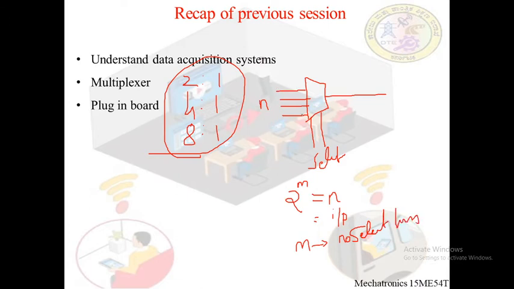So here we have 4 inputs, therefore I need 2 select lines. The input to the select lines switches between the inputs, selecting which one goes to the output.